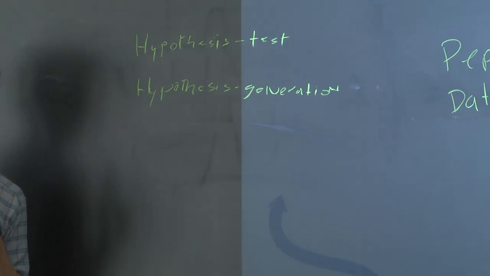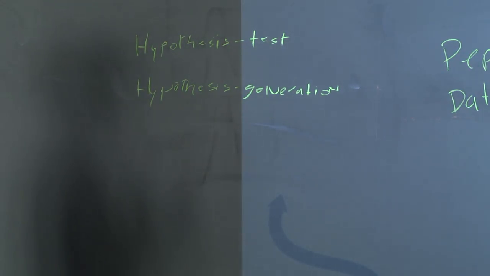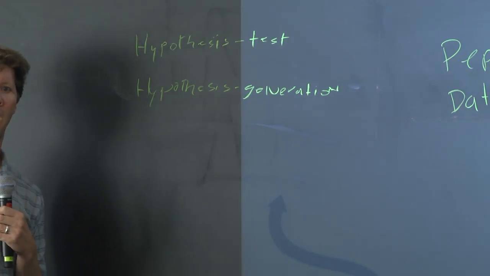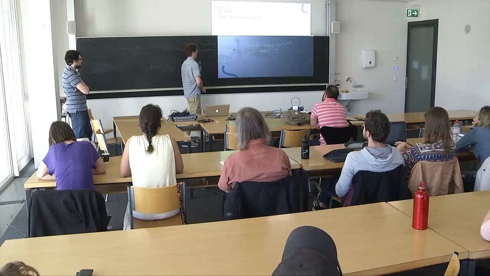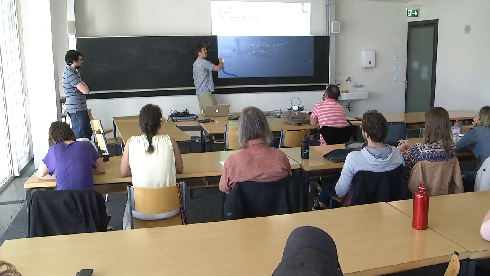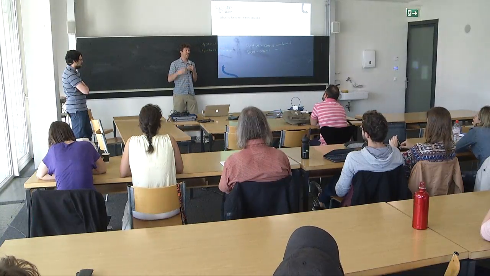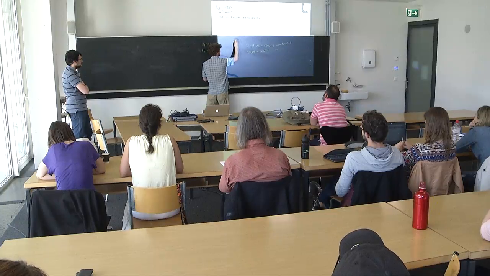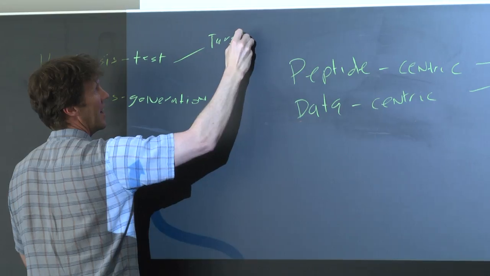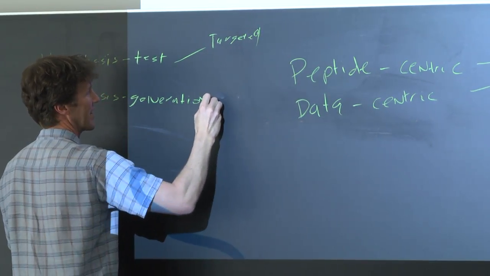Do we go in with a hypothesis that we're actually testing, or are we asking the data to give us a new hypothesis? I would say that in this respect, SWATH experiments that start with 100,000 peptides, on this axis we would say this is targeted, and this is really discovery.